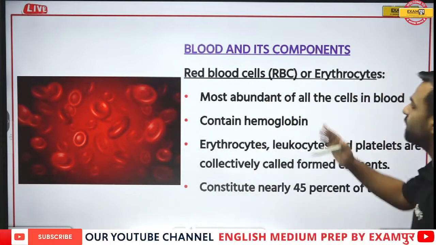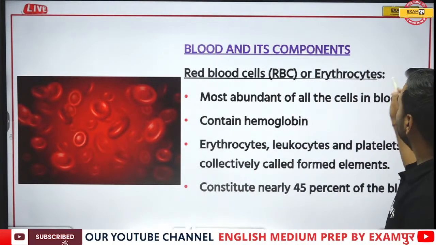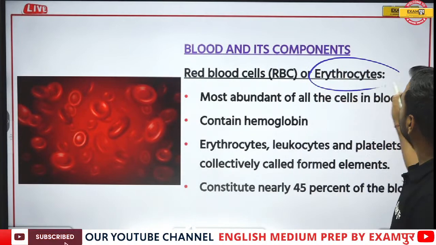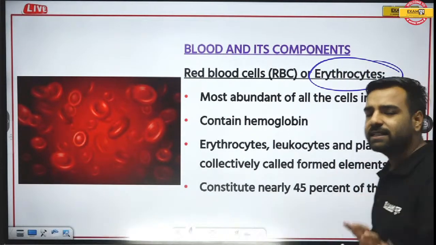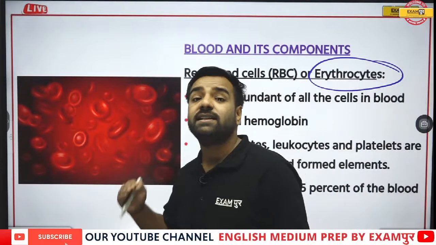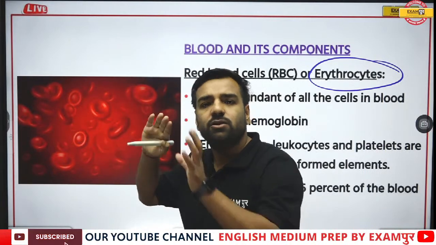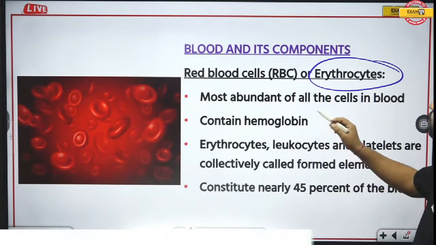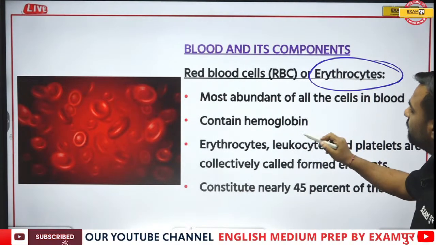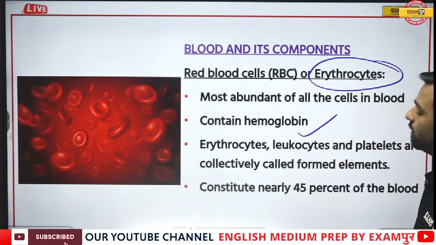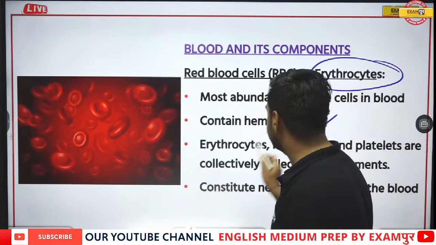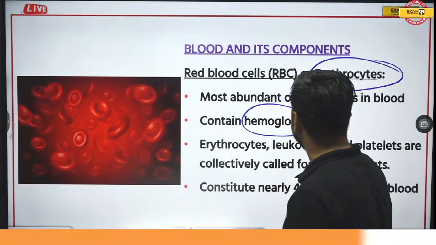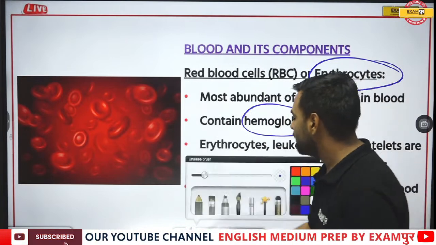What I was saying, if I talk about RBC, please remember its name, erythrocytes, as well. This is asked in the examination. Erythrocytes, leukocytes, thrombocytes. Erythrocytes are RBCs. These are the most abundant cells in the blood, which contain hemoglobin. Hemoglobin is the part because of which our blood is red in color.